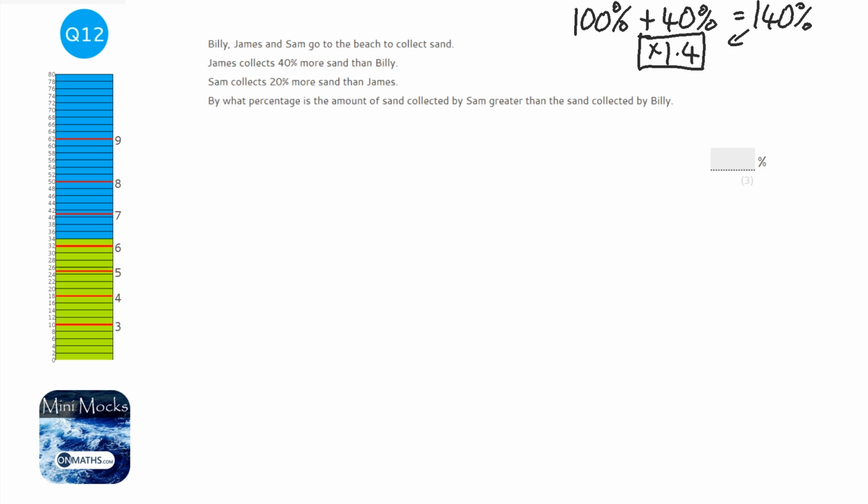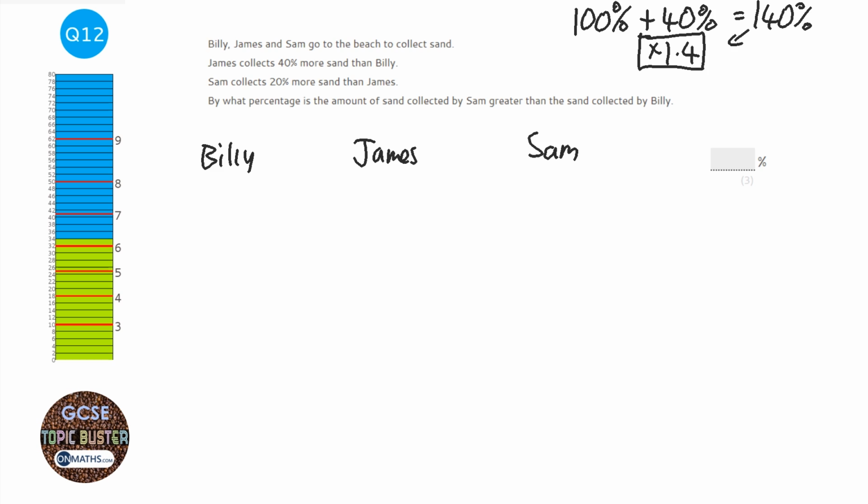So in this question it says we have Billy, we have James, and we have Sam. And we're told that James collects 40% more sand than Billy. So he's got 40% more. We're told that Sam collects 20% more sand than James.